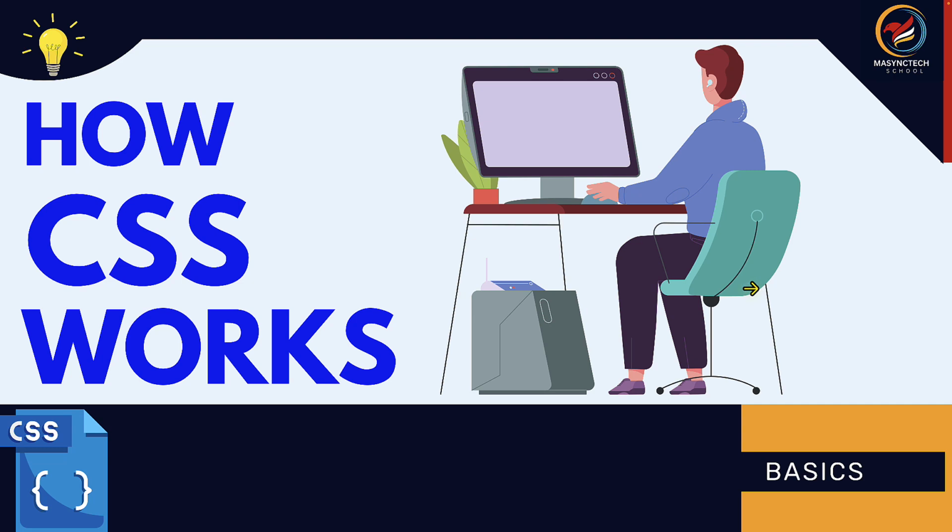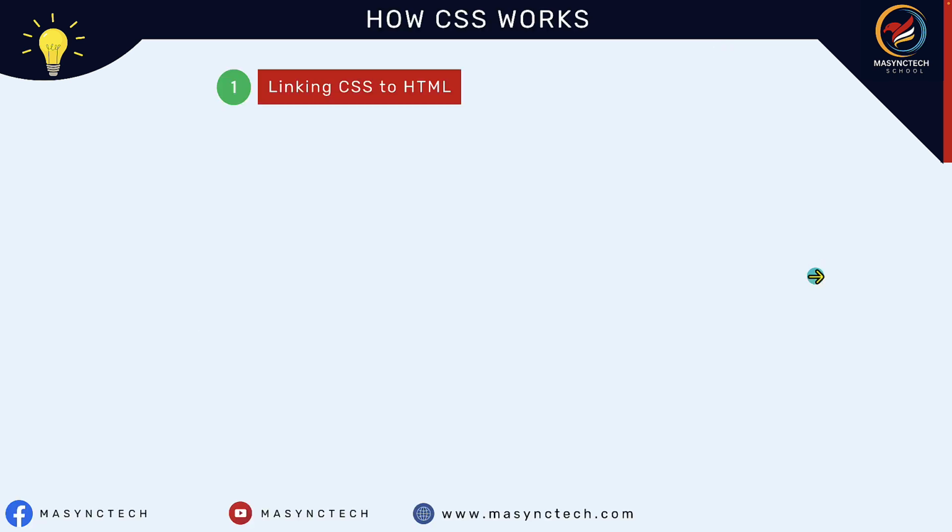Let's look at the process involved, how CSS actually works. The first point is linking CSS to HTML. If you want to see the CSS in action, we must link or connect the CSS to HTML.